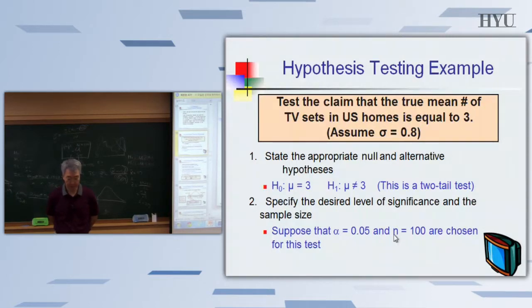Well, obviously this is a two-tailed test because the alternative hypothesis says not equal to. If it says either less than or greater than, then it will be a one-tailed test. So if you decide to use 0.05 as the alpha level, then you have to distribute half of that on each side.